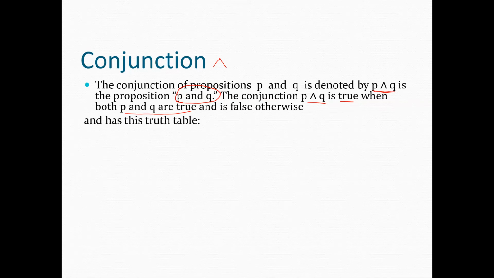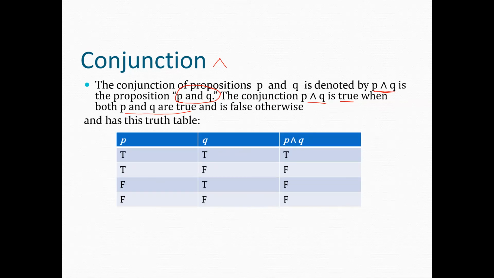So let's make the truth table for this conjunction operator. In this connective, we have at least two propositions, P and Q. Now, how many possibilities are there for P and Q? If P is true, Q can be true. If P is true, Q can be false.